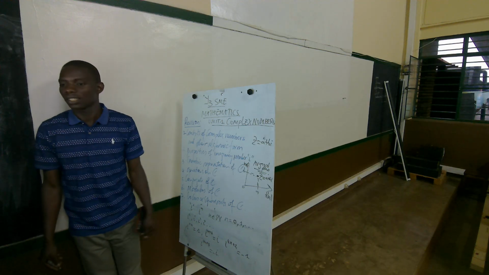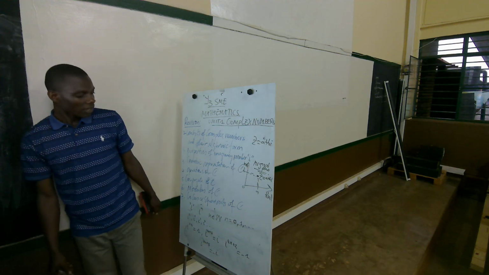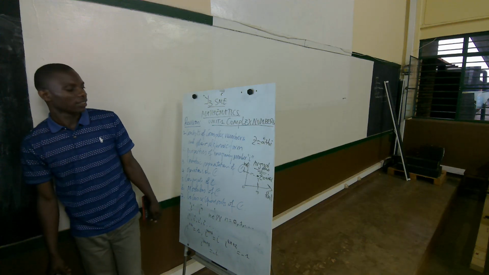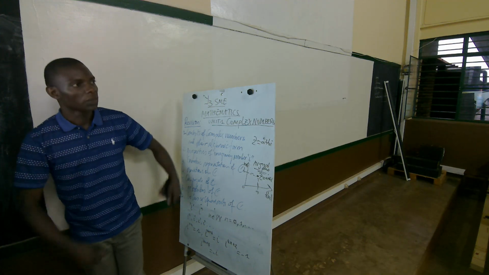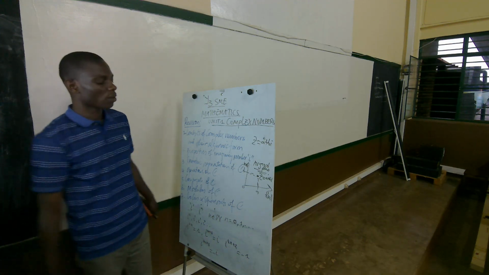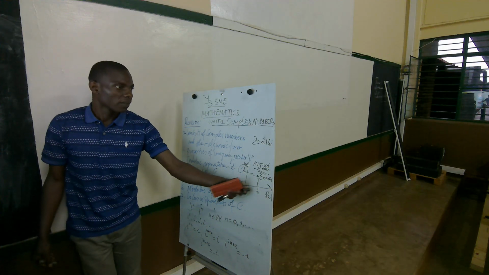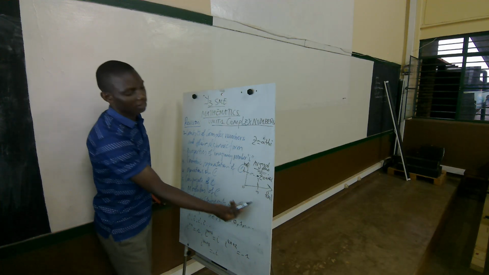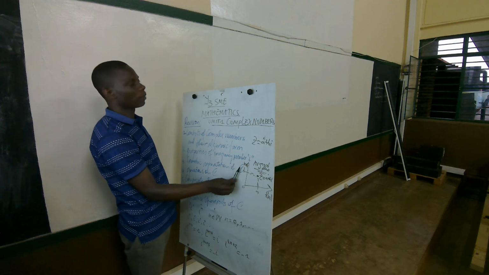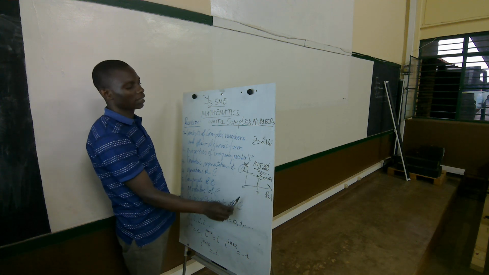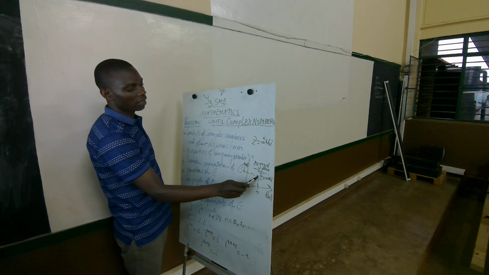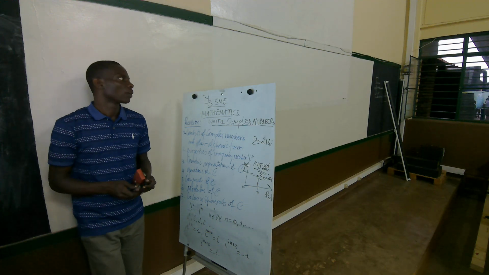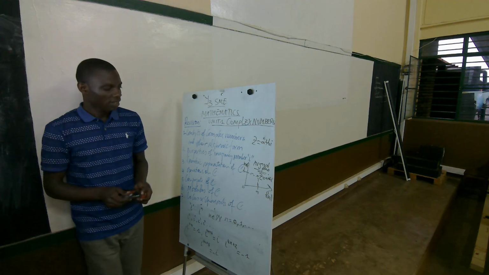While representing this complex number in the Argand plane, we represent the real part and the imaginary part. We take the number in the real part, then our number in the imaginary one, and where they meet is the point, and we call it our complex number z.